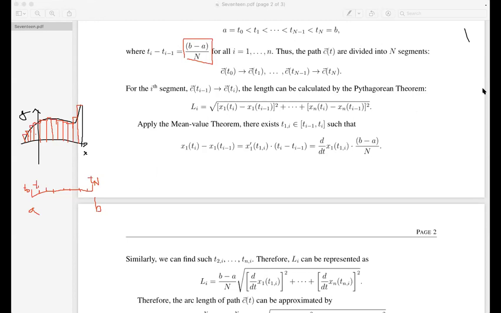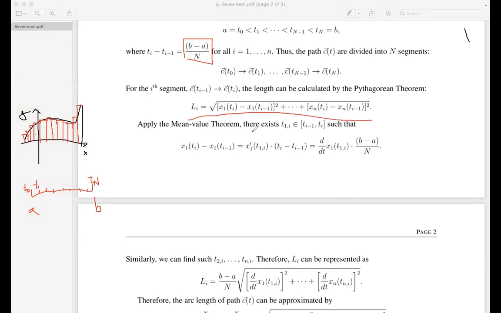I think we lost it. So this is how we get the length of each segment.